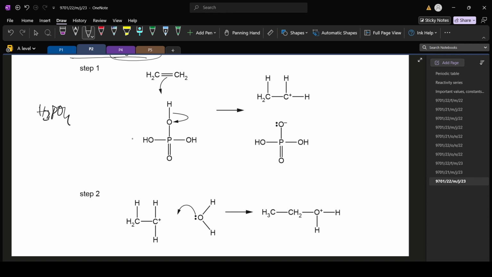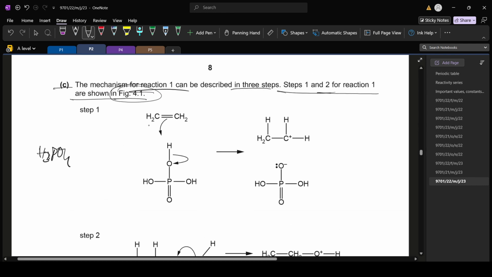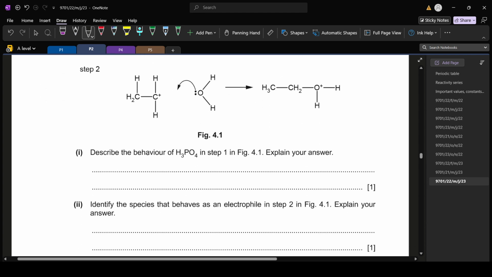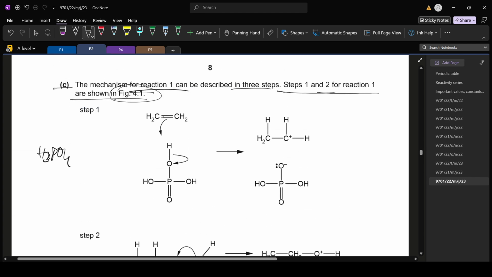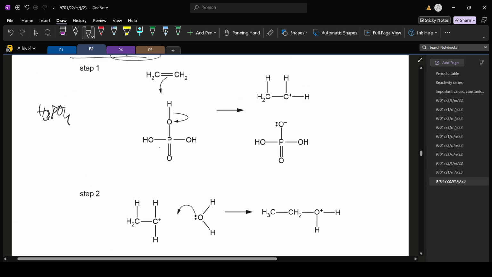Now describe the behavior of this phosphoric acid in step 1 in figure 4.1. Explain your answer. If you see what is happening in step 1, you have to identify the behavior of this phosphoric acid.